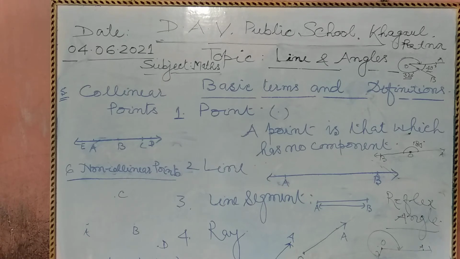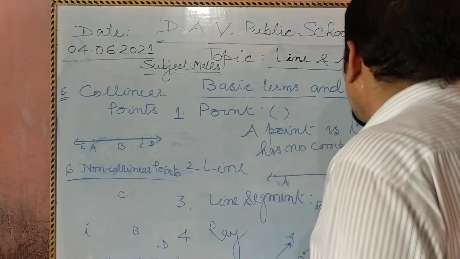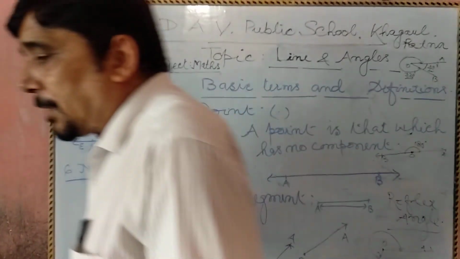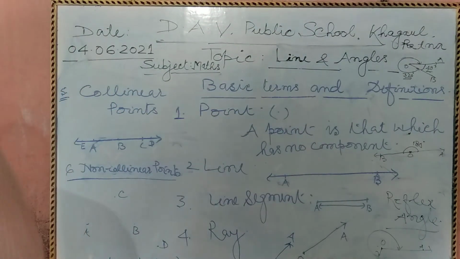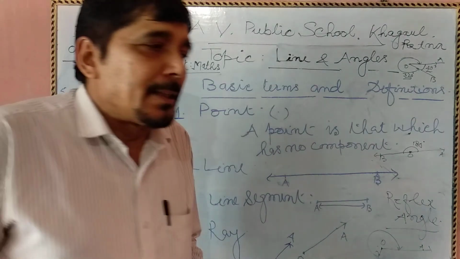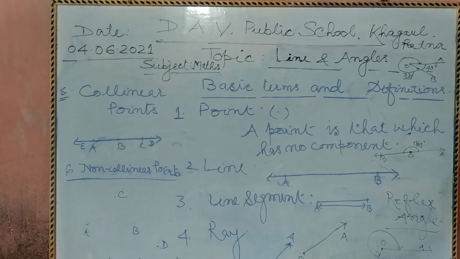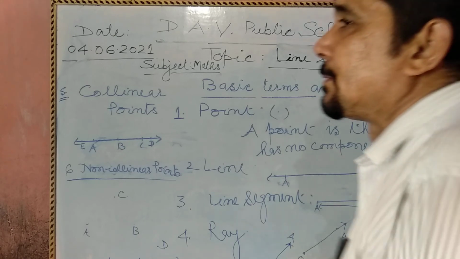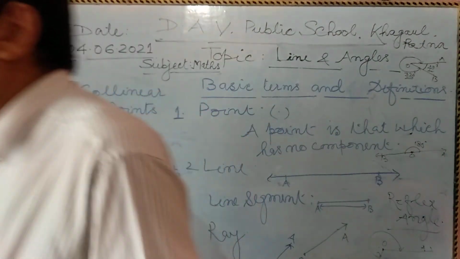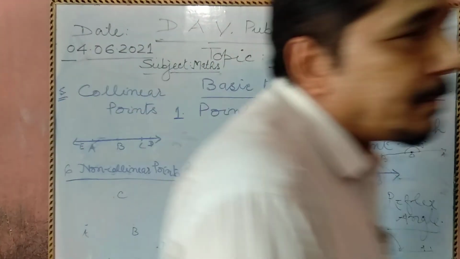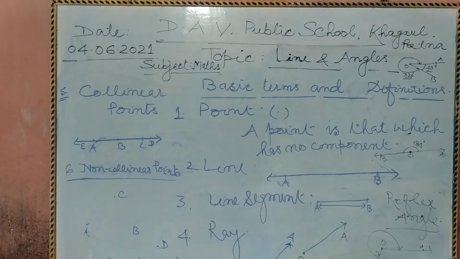Okay, now we will study about the types of angles. In earlier classes, you have studied about so many angles like acute angles, right angles and obtuse angles. You are aware of these angles? I have been doing the problems of geometry whenever it is required.